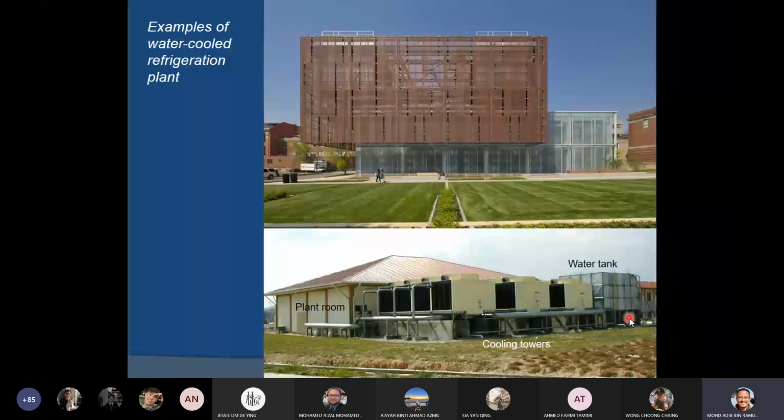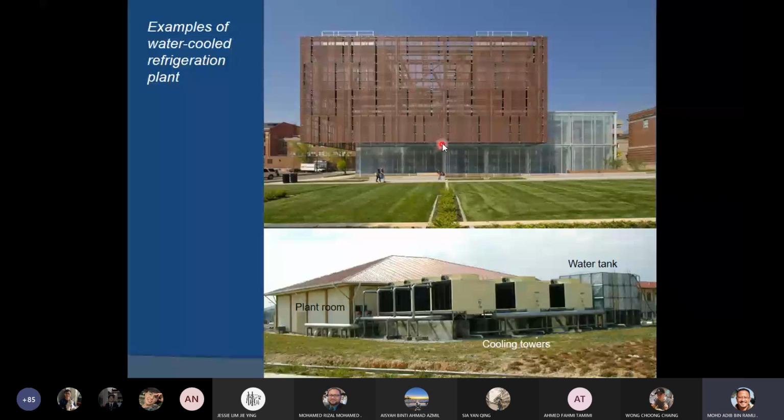Examples of water cooled refrigeration plant. Can you imagine that the top image is actually a water cooled refrigeration plant. It looks like just any other office building, but because the material used for this building is quite transparent, you can see the pipes inside.